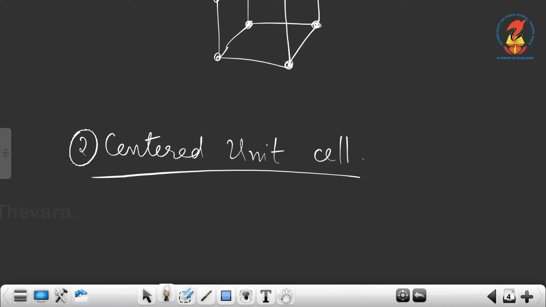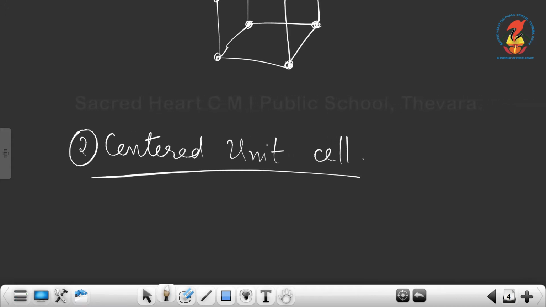Now in addition to those particles at the corners, we have particles at other positions also. These are called centered unit cells. So if the constituent particles are present at positions other than at the corners, we call them centered unit cells.